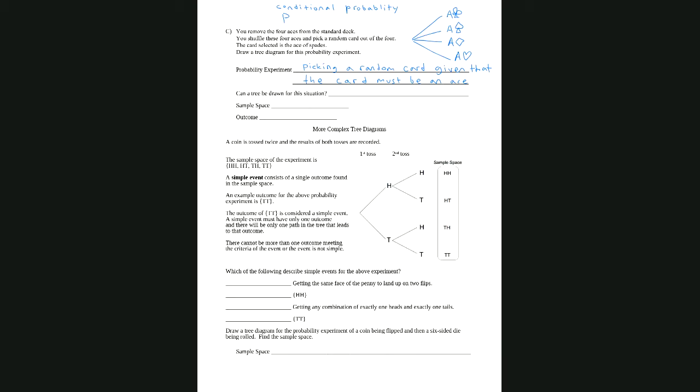Okay, now I can write this in symbolic form as the probability of drawing a random card, and then I'm going to put a vertical line there, which means in probability mathematics, given that the card is an ace.